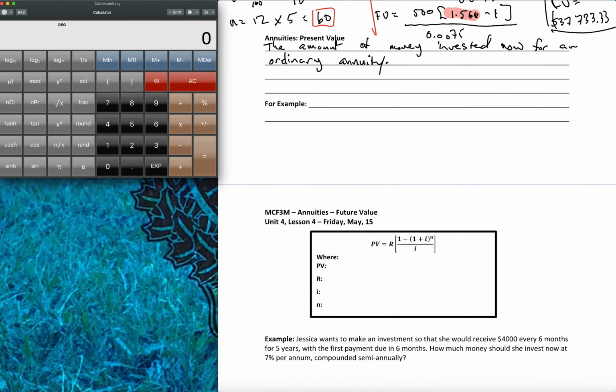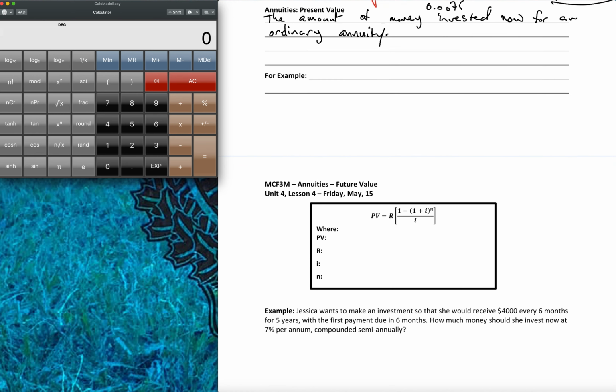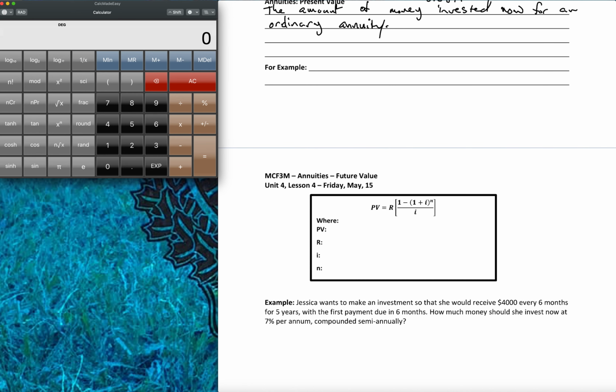And so the annuity provides equal payments at the end of each equal time interval.